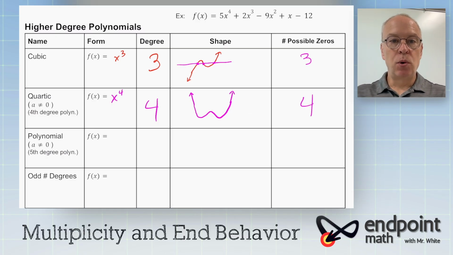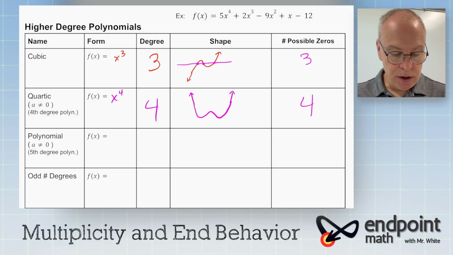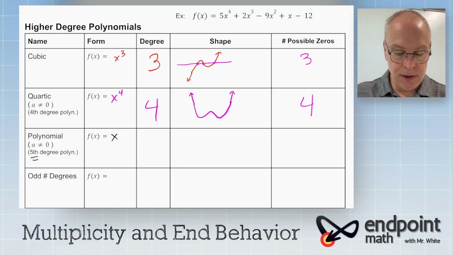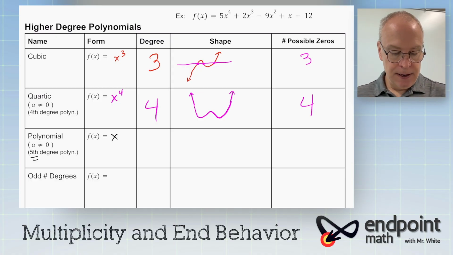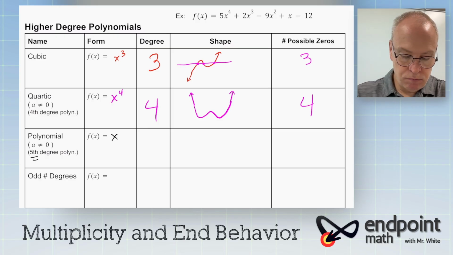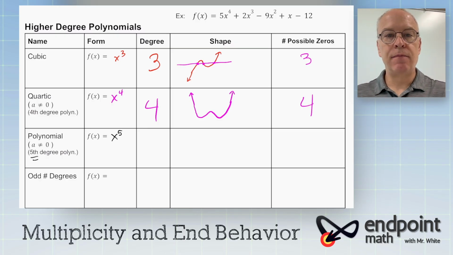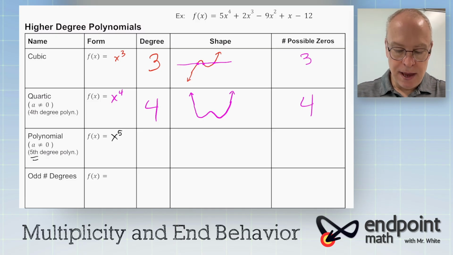All right, some sort of polynomial, any sort of polynomial. Here we'll do a 5th degree polynomial, which would be x to the 5th, or x to the n.